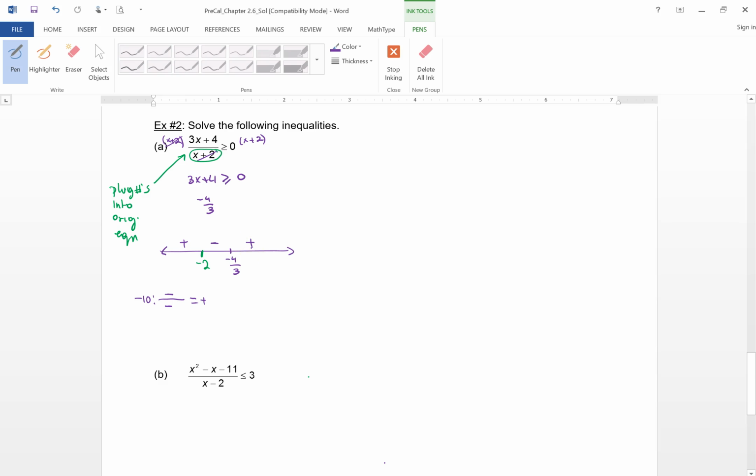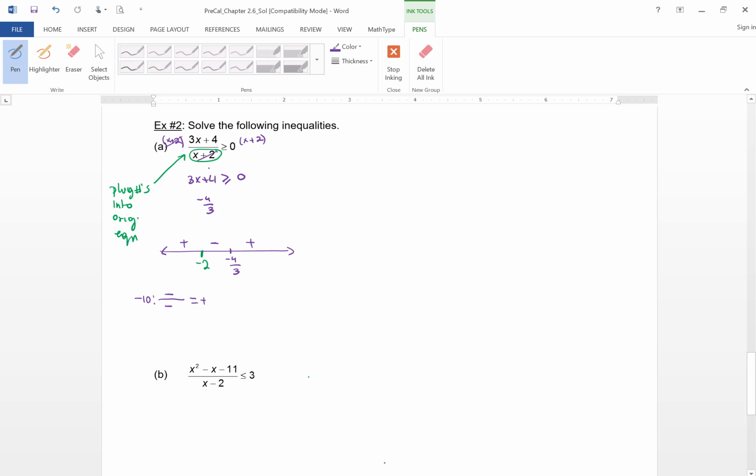If you're not comfortable with that, put numbers in there and test values. Totally the same. If you plug in -1.5 to here, you get negative on top, positive on the bottom. So it'll be negative.